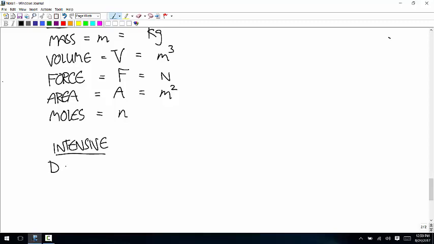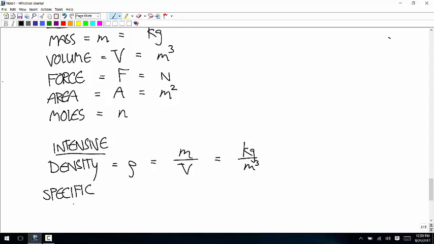So density, that's mass per volume. So kilograms per meters cubed. Specific volume, which is just the reciprocal of density.